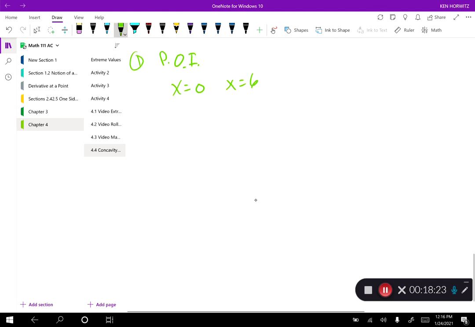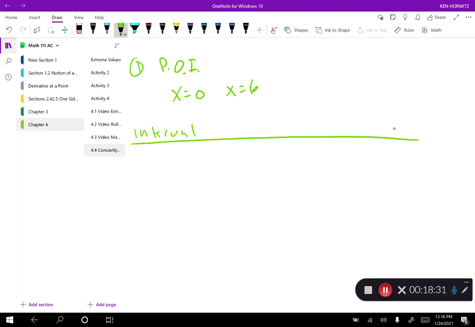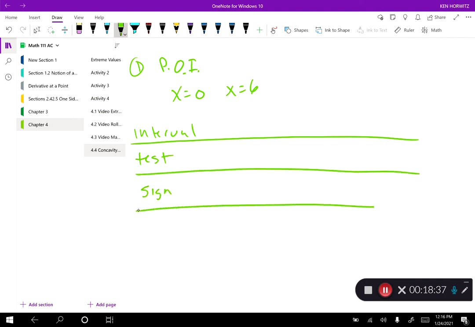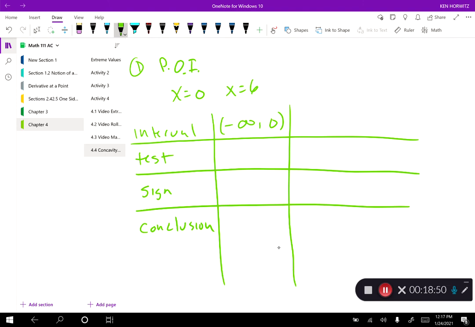All right, so let's make our chart again. Our interval goes from -infinity up to 0. Then from 0 to 6.